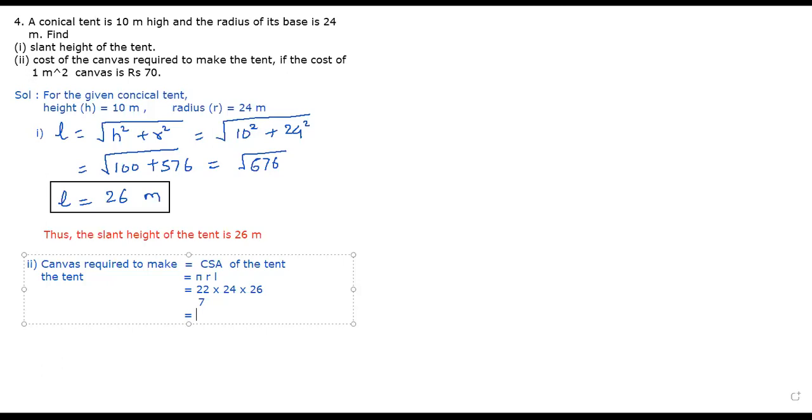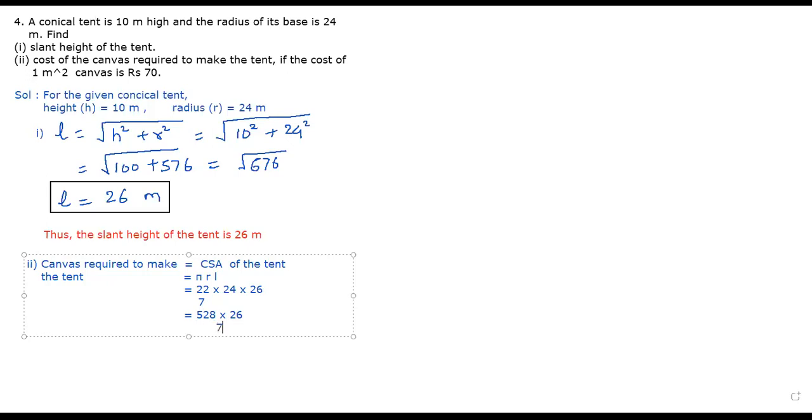Do it. 22 4s are 88. Carry over 8. 22 2s are 44 and 8 52. 528 into 26 divided by 7.